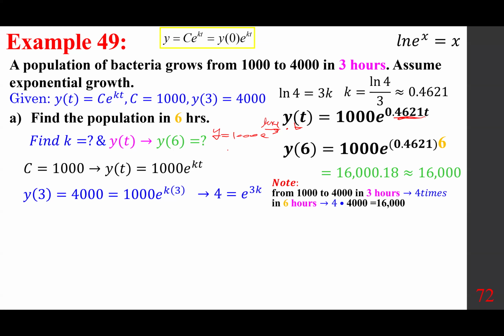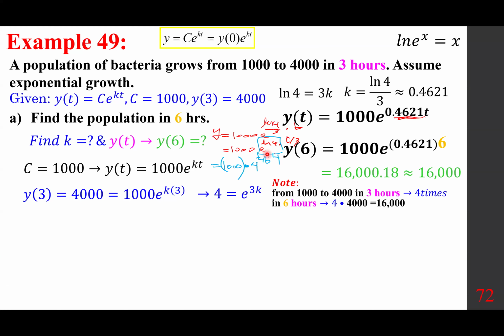And this is 1000 e to the power of ln4 times t over 3, and this part is 4, so it becomes 1000 times, so maybe you should put this one times 4 to the power of t over 6.